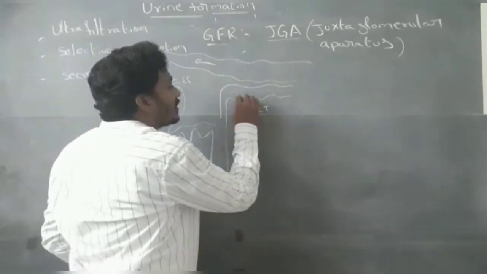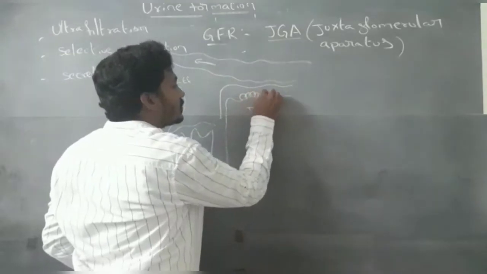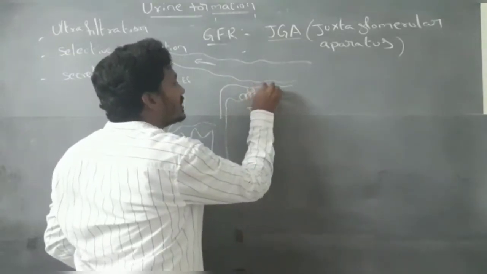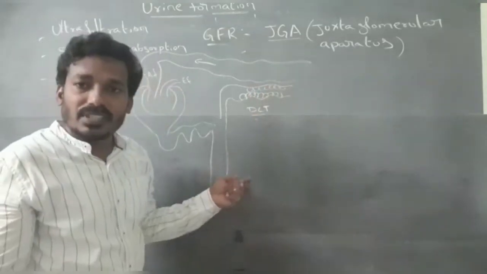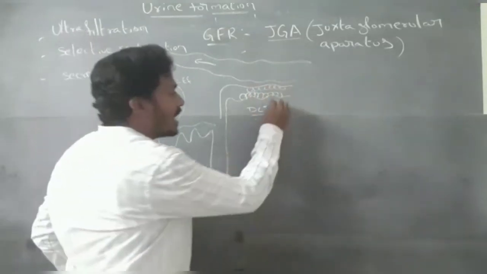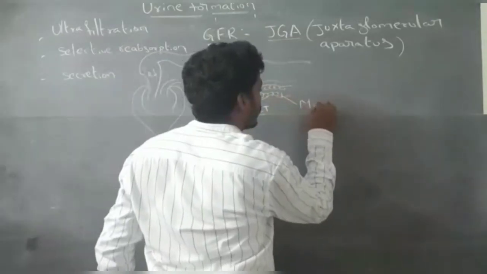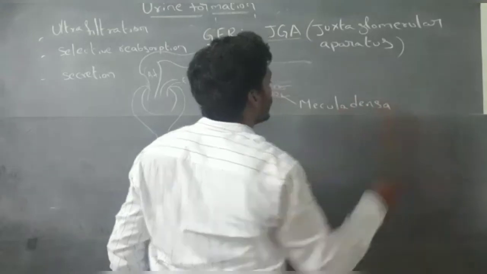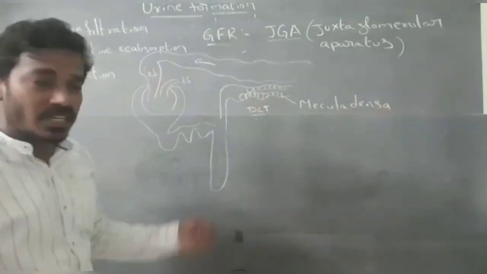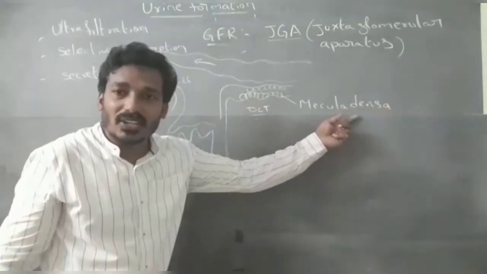In the DCT, the cells are crowded. These crowded cells present in the DCT are called macula densa.